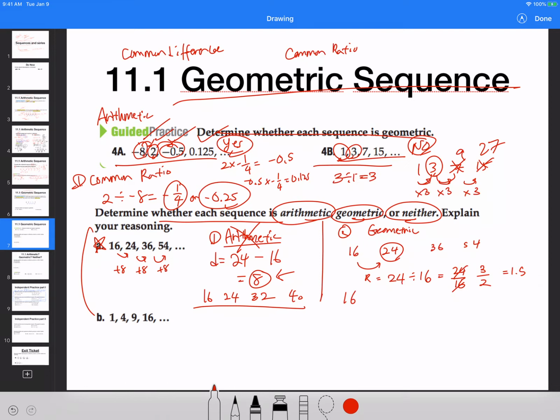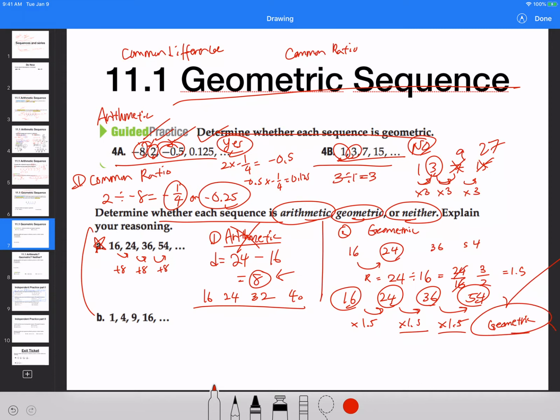So if I consistently multiply by 1.5, do I get the next number? Well, 16 times 1.5 gives you 24. 24 times 1.5, if you type that in your calculator, you end up with 36. Times 1.5 again, and you get 54. So yes, this is a geometric sequence because the common ratio is consistent.